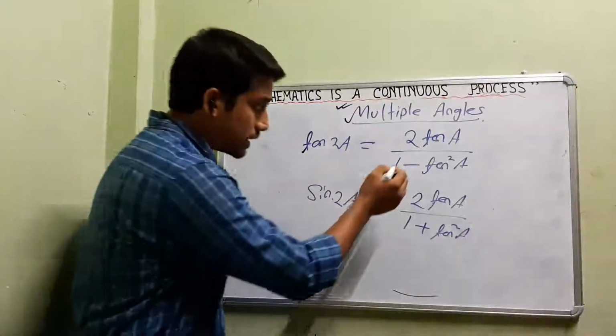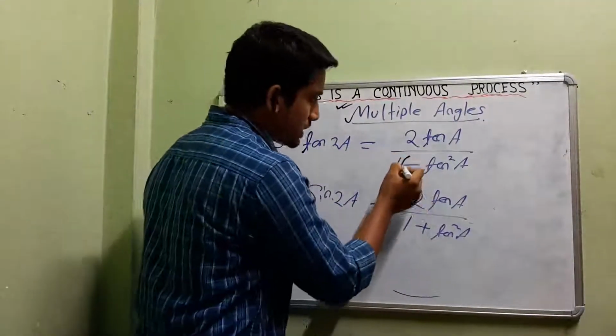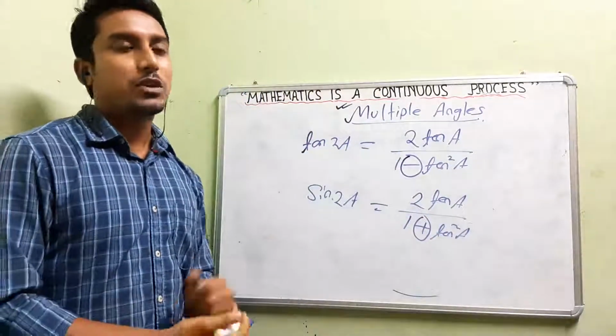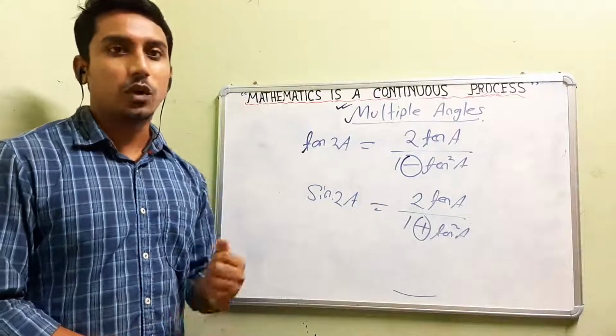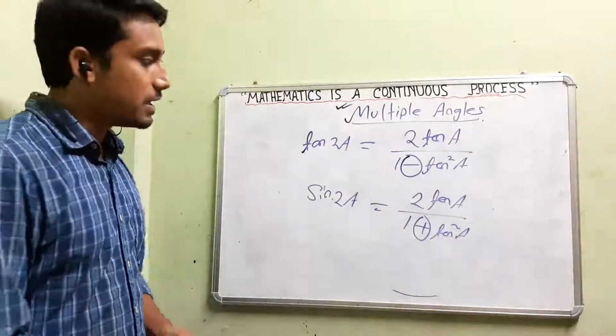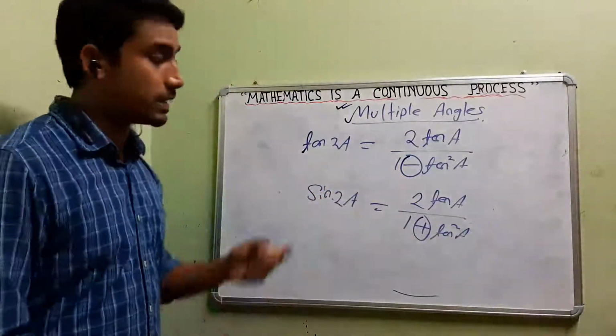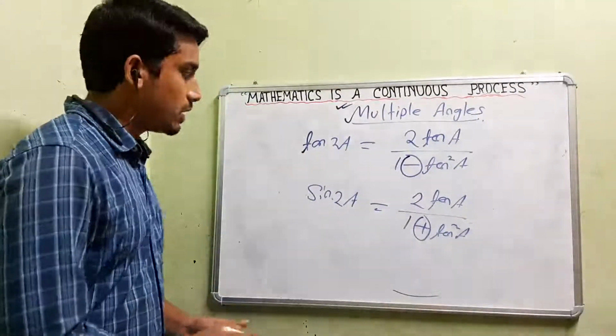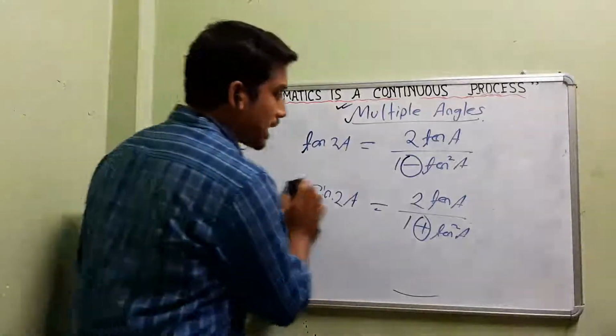If you change this plus or minus in calculation, it will be a huge problem in solving the questions. So be careful about the plus and minus. In case of tan 2A, this is minus. In case of sin 2A, this is plus. So tan 2A has this one.